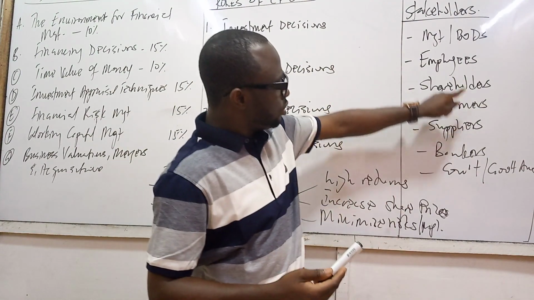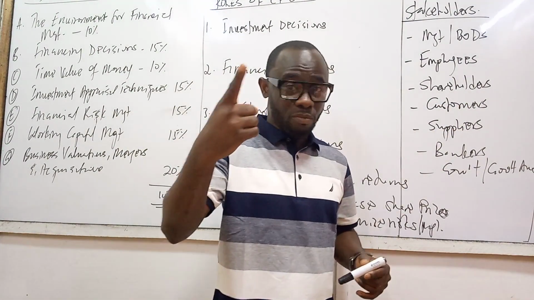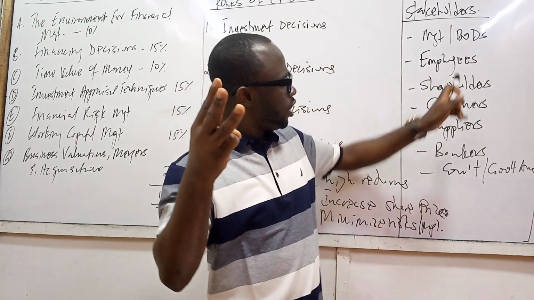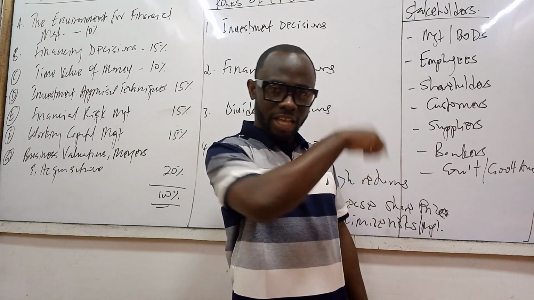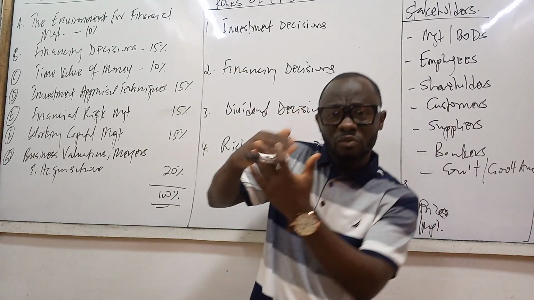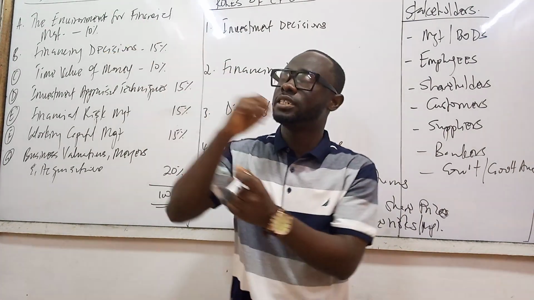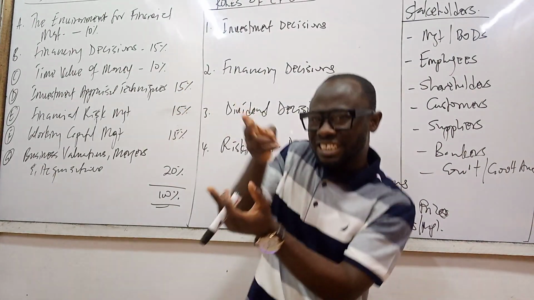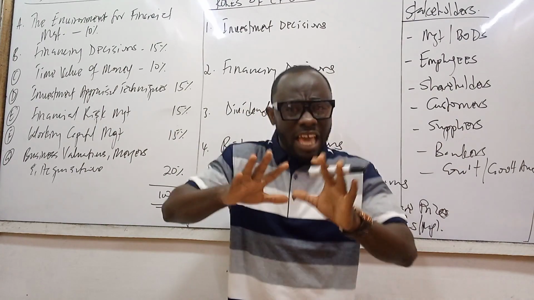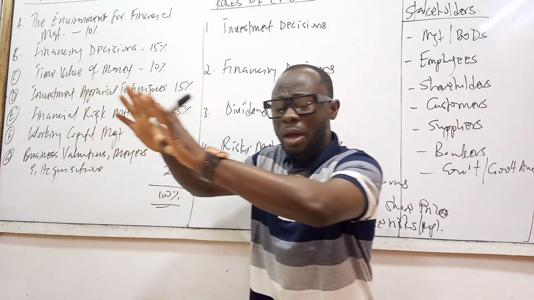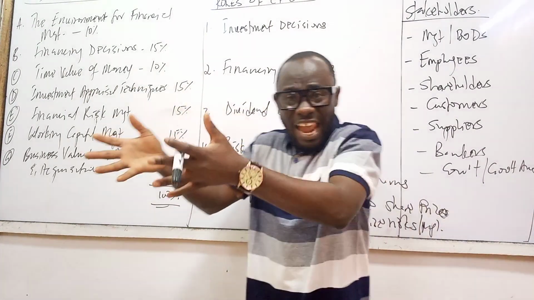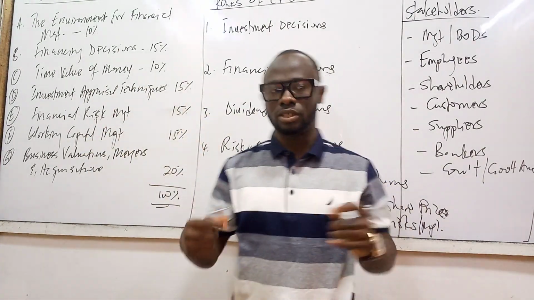Because whilst customers want quality products at affordable prices and after-sales services, you have to make sure that shareholders get more money on their returns. The more you provide quality products to your customers, the more you provide them at a lower price, and the more you do after-sales services, yes, you are satisfying the customers, but then you will be using shareholders' money to do that. So you realize that there's going to be a conflict of interest.